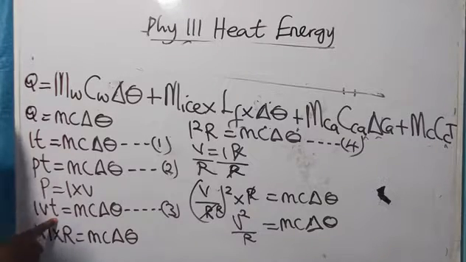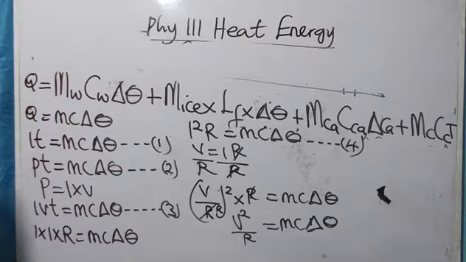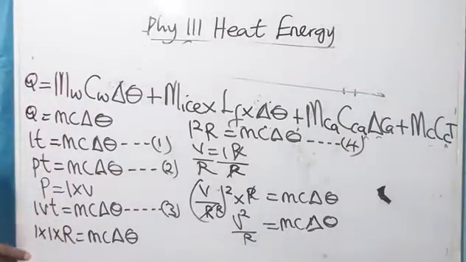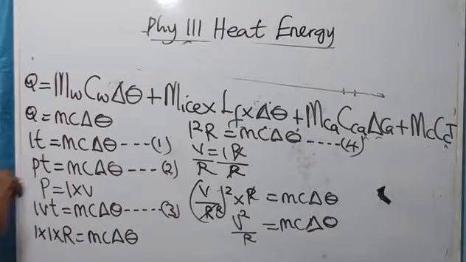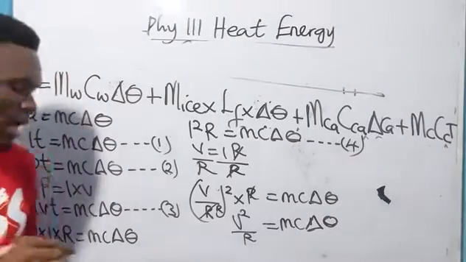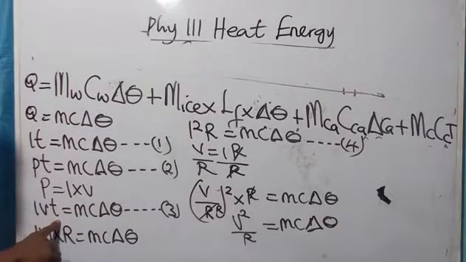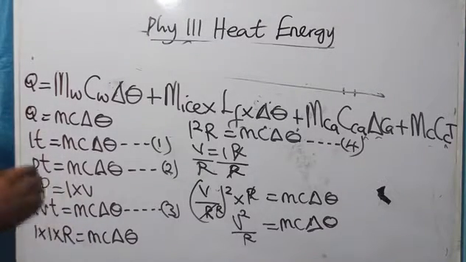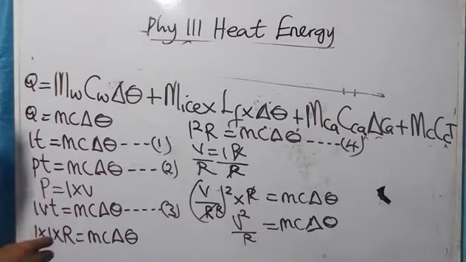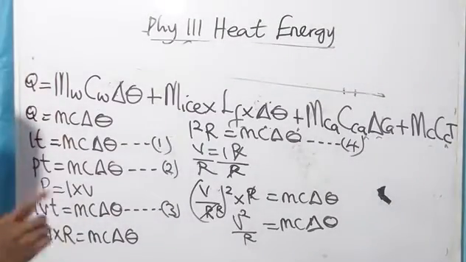If you have the options occurring as minutes, and the time in the question is in minutes, you don't have to convert because the options are in minutes. But if the figure in the question is in minutes, and the options are in seconds, you will have to convert from minutes to seconds by multiplying by 60. If t was given as 10 minutes, to convert to seconds, it becomes 10 times 60. That is for that.